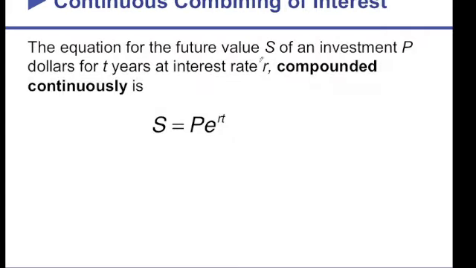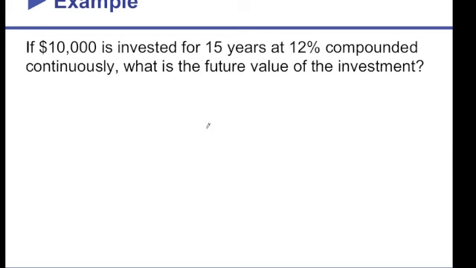This equation is for the future value S of an investment P for t years, with the interest rate compounded continually. This is an interest rate that's compounded continually, and we use the value e. So S equals P times e raised to the rt power. If 10,000 is invested for 15 years at 12% compounded continually, what is the future value of that investment?